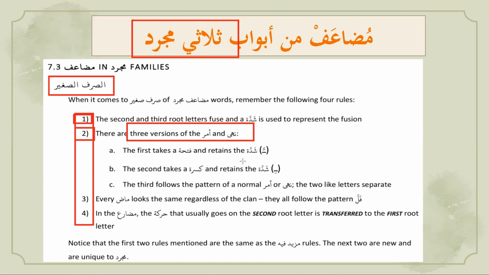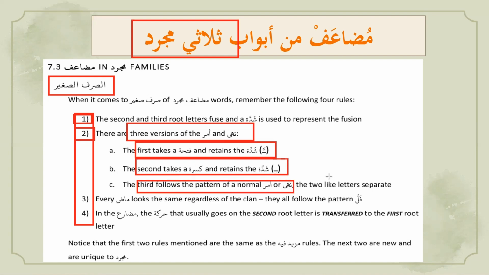And when you make it Majzoom, then you have 3 different versions. One version is with Fatah, first version takes a fatha and retains the shadda. The second takes a kasra and retains the shadda. The third one follows the pattern of normal amr and nahi, in which 2 letters separate. Okay, and you learned it in Mazid Fihi families also in previous lessons.